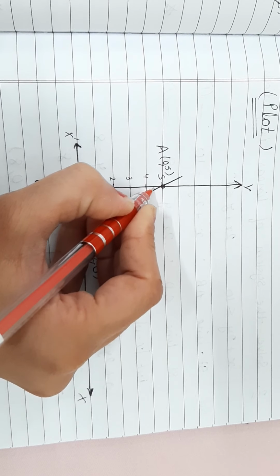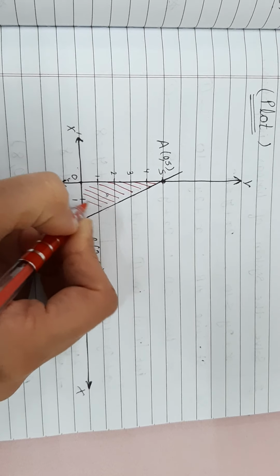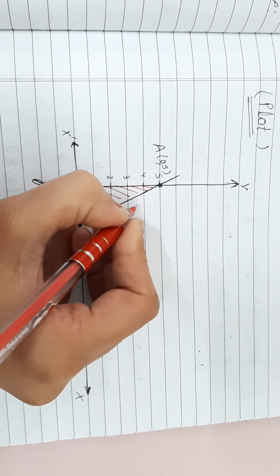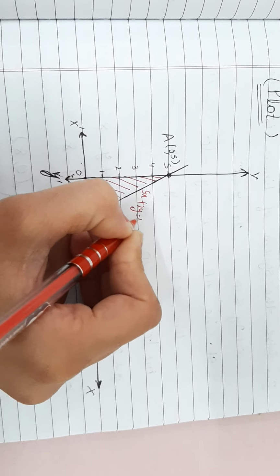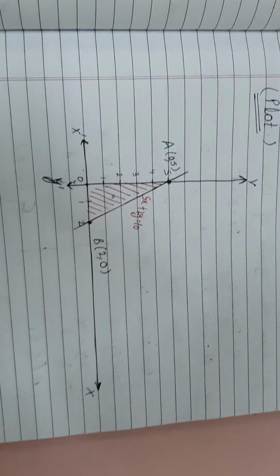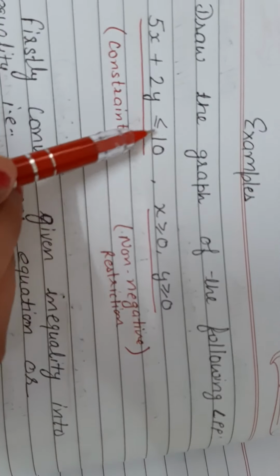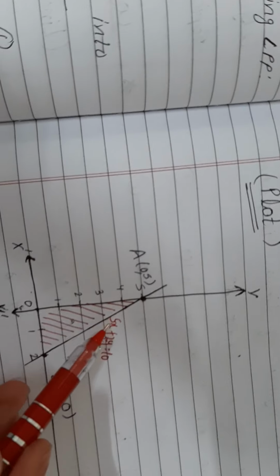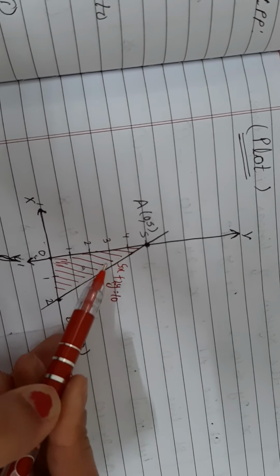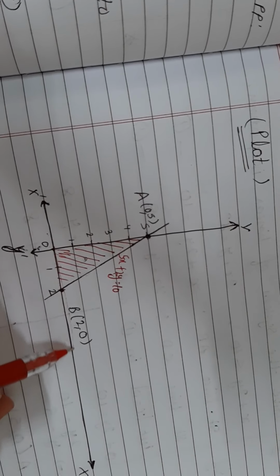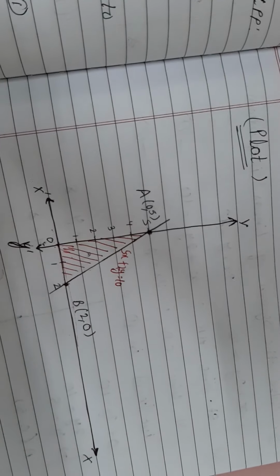So this is your straight line, 5x plus 2y equals 10. And as they were saying, your region should be less than or equal to 10. This line is strictly 10 and this region is less than or equal to 10. It is greater than the x-axis and greater than the y-axis. So this is your bounded region.